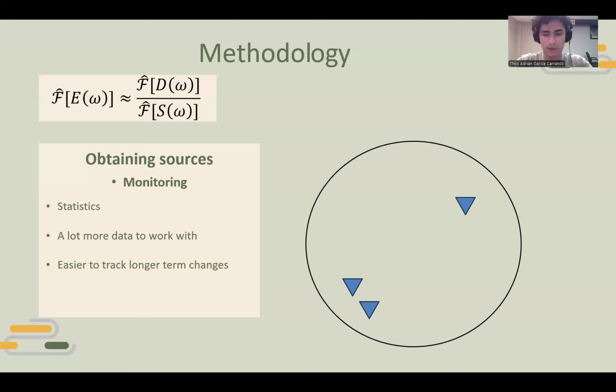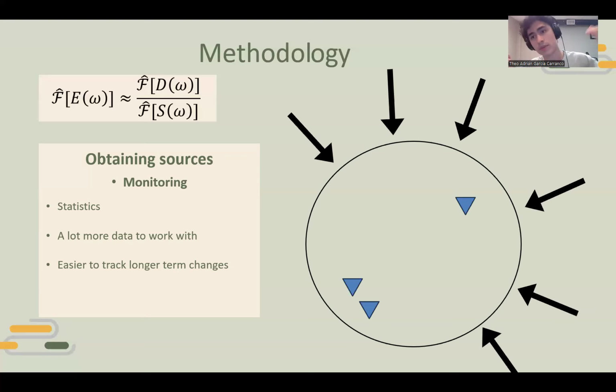Since the signals are going to be coming from all directions, if we consider all the data, the signal effect should average itself out if we do it properly using statistics, using enough data, and comparing it in all directions. So this is the way that we're getting rid of the signal effect on the seismic data, and we're just going to be left with the Earth response.